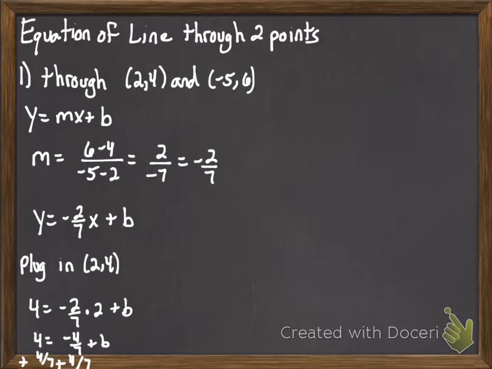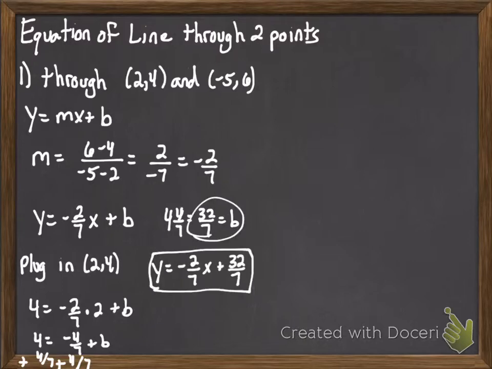That gives me 4 plus 4/7, which is better known as 4 and 4/7, or rewritten as an improper fraction, 32/7. Either one of those values would be fine. Typically I'd prefer 32/7. Then we can write our equation: y equals negative 2/7 x plus 32/7. And that would be our answer in slope-intercept form.